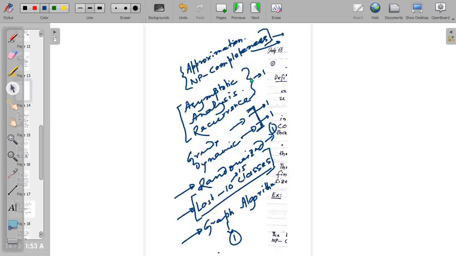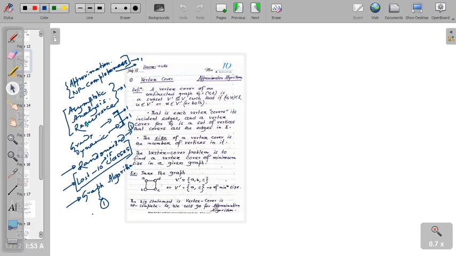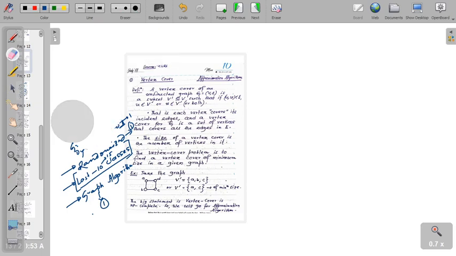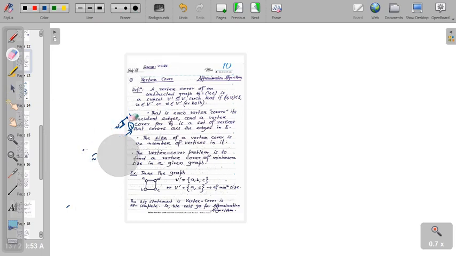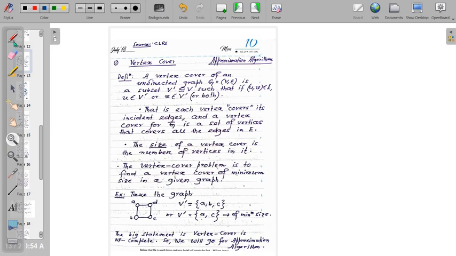Okay, so today this is the last class, and we should study these approximation algorithms.